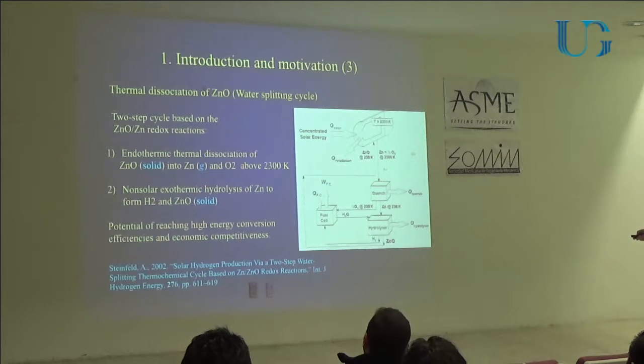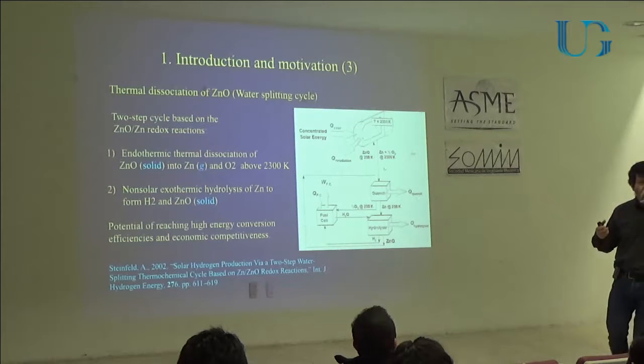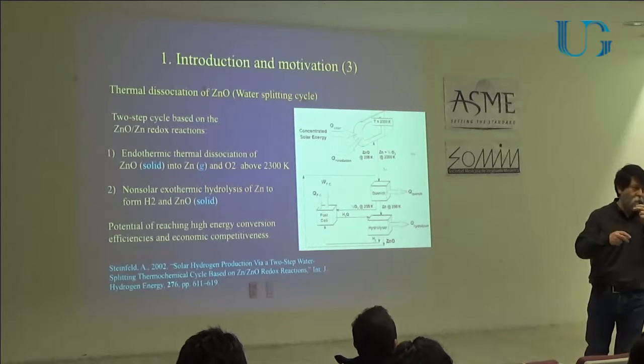In the hydrolyzer, away from the solar system, in another laboratory, we put the zinc in contact with water, and the zinc gets oxidized, and we get hydrogen out of it. So essentially, what we're doing is we are generating hydrogen with the sun.